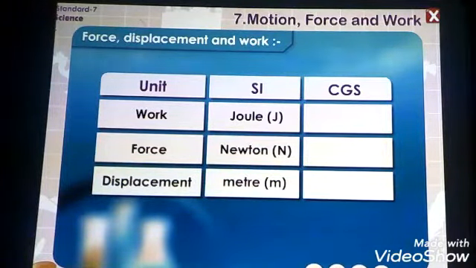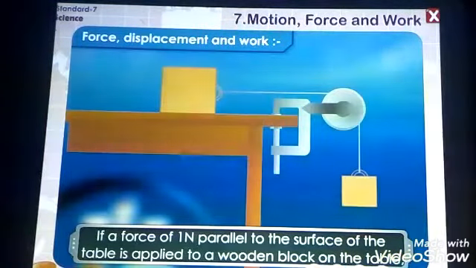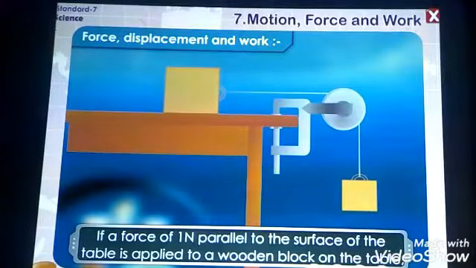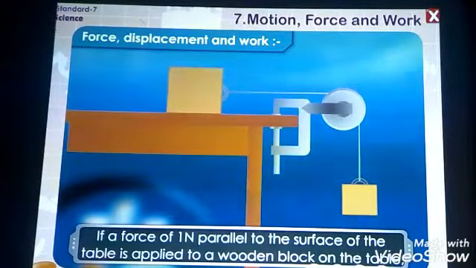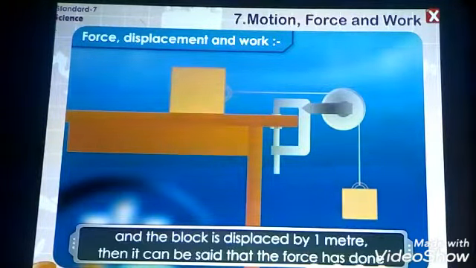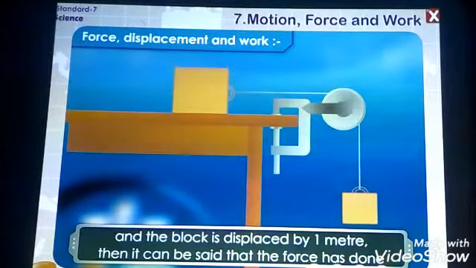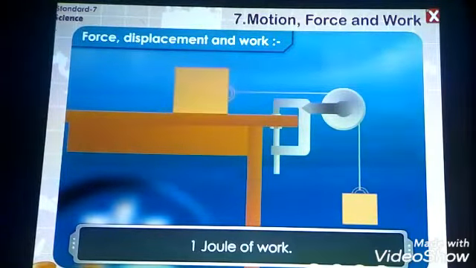In the CGS system, if a force of 1 Newton parallel to the surface of the table is applied to a wooden block and the block is displaced by 1 meter, then it can be said that the force has done 1 joule of work.